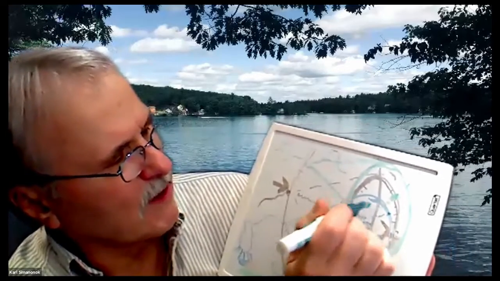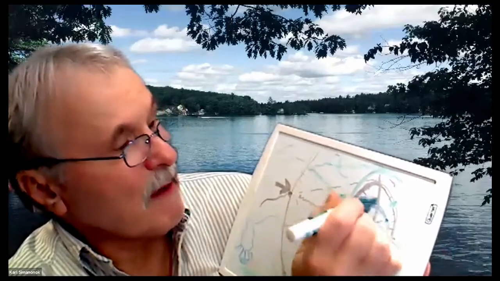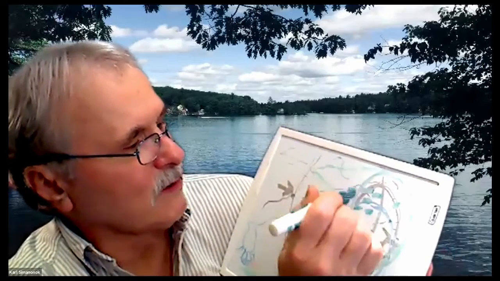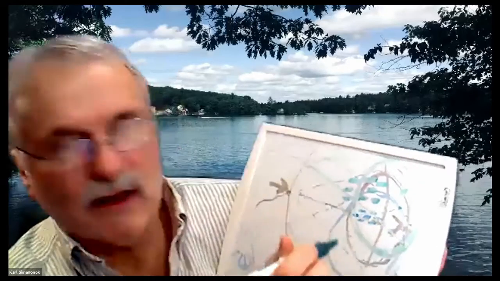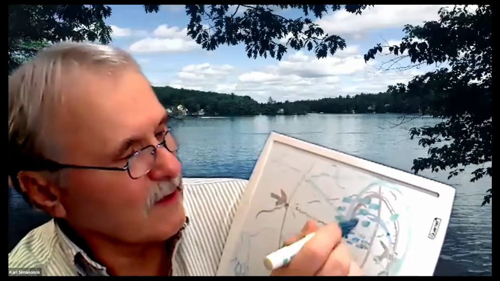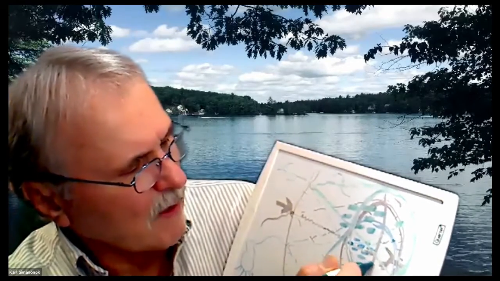This is blue. Let's see if it'll work in green. Maybe there are different wavelengths. Maybe there actually are blues and greens. And maybe they're different sizes or something like that. Who knows what these interference patterns are going to look like. Some are going to overlap. They're probably not all the same wavelength.